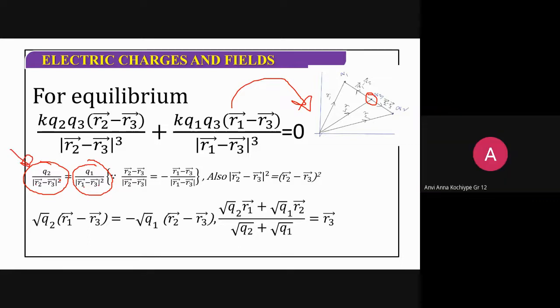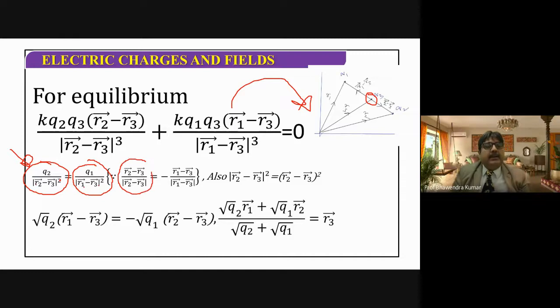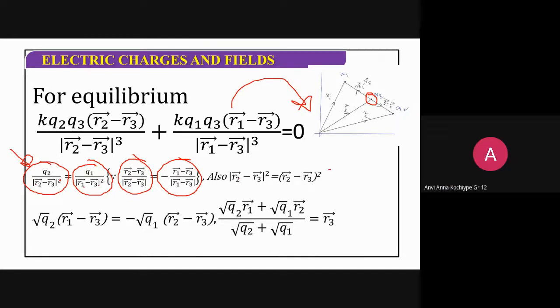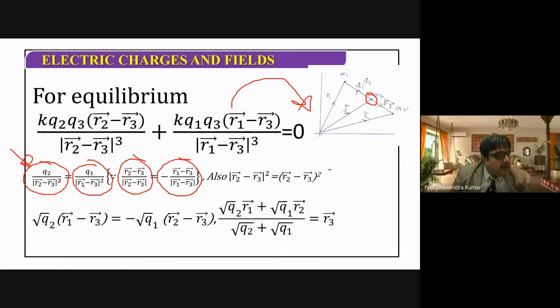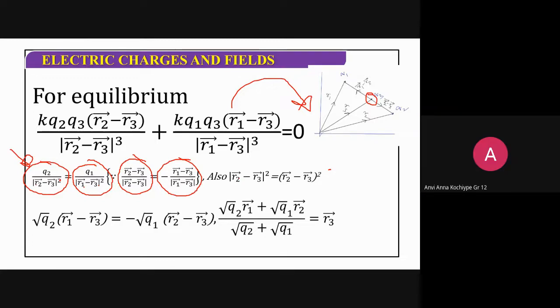Because the direction of R2 minus R3 is opposite to the direction of R1 minus R3. Is that clear? And for any vector A minus B, the square is equal to its modulus square. Over here, we're just taking the magnitude, right?